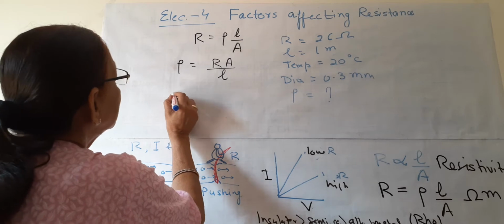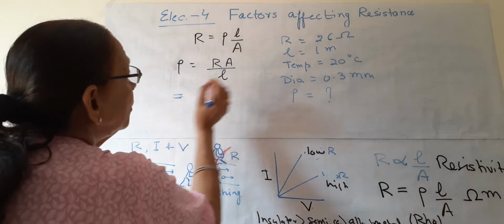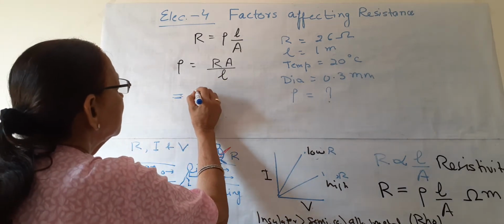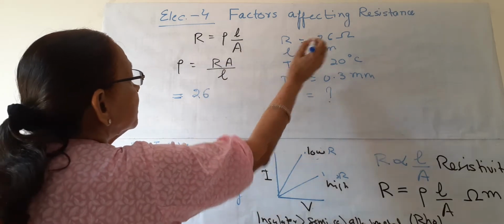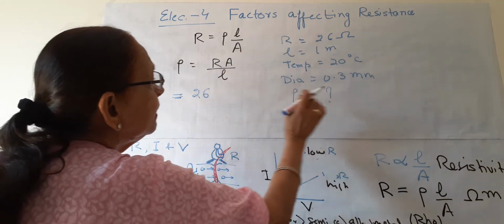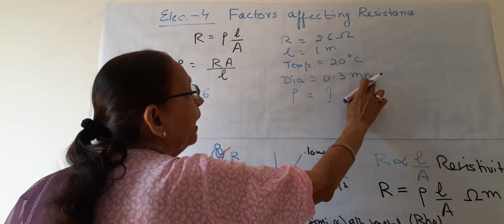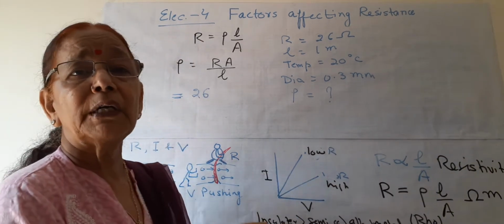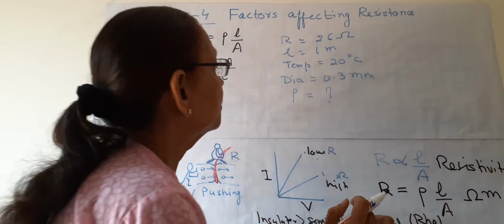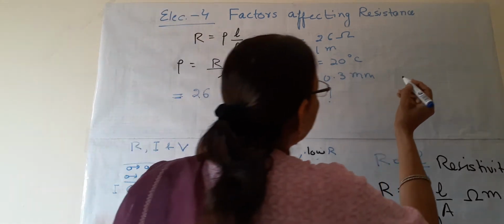So we will write resistivity will be equal to 26, which is R. A is given by the diameter 0.3 mm. First we have to convert it into meters. So how will this convert into meters?